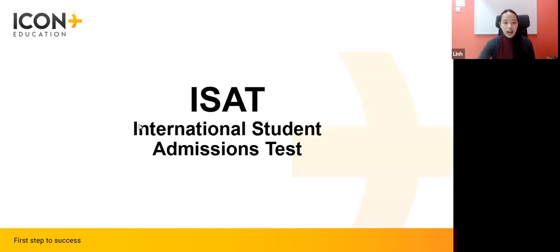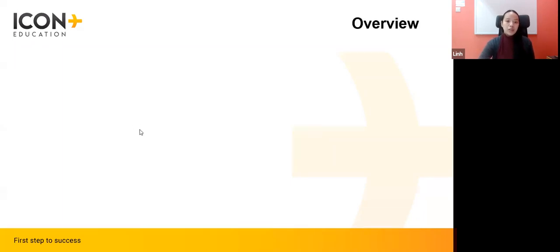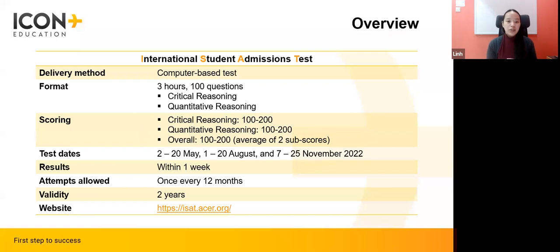Here is a quick table that summarizes everything you need to know about the test. The ISAT, like the UCAT, is a computer-based test, but the format is very different. You'll have 3 hours to answer 100 questions. There are no separate sections, just 100 continuous questions for 3 continuous hours.